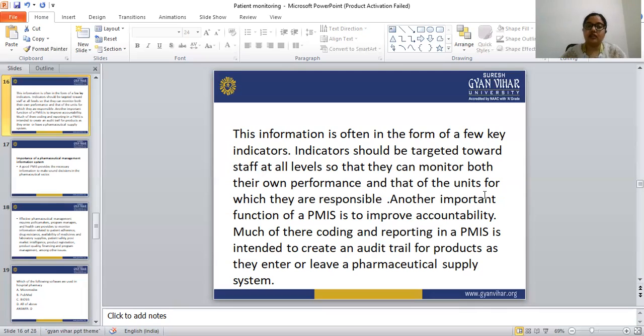Next, the PIS is used by pharmacies for the patient drug profile, meaning the patient profile including details of their current and past medications, allergies, physiological parameters and so on.